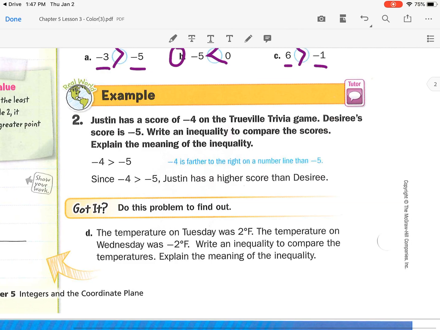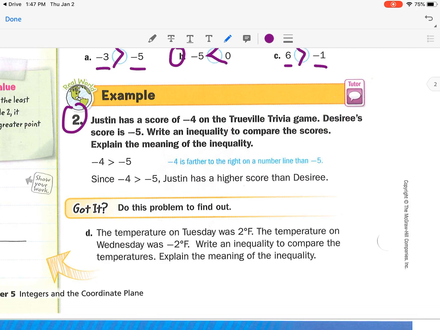Number 2. Justin has a score of negative 4 on the Trueville trivia game. Desiree's score is negative 5. Write an inequality to compare the scores. Explain the meaning of the inequality. Okay, so negative 4 is greater than negative 5.